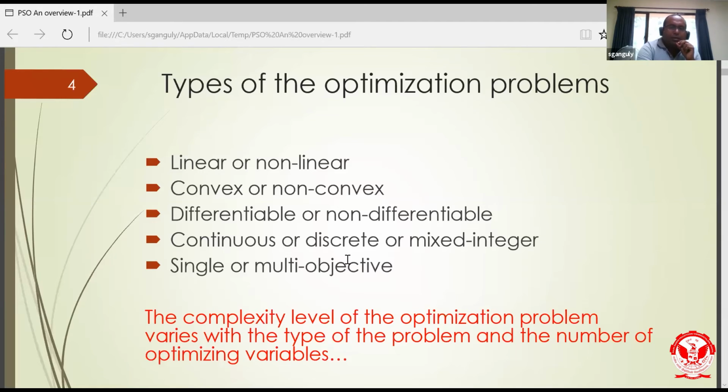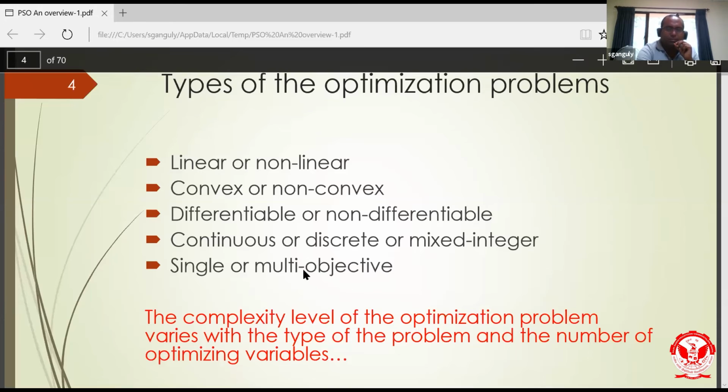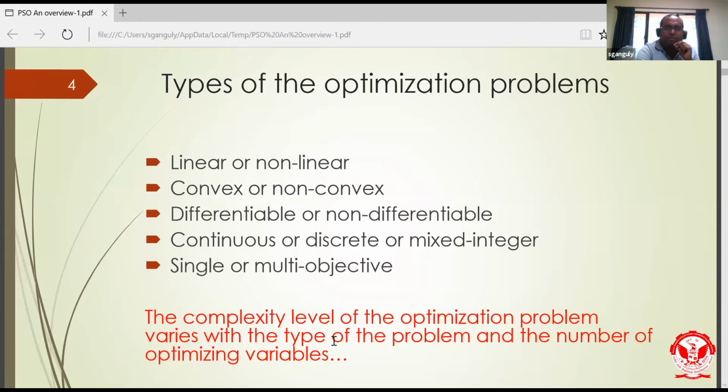So a mixed integer optimization problem involves both continuous and discrete optimizing variables. Now as I said in the previous slide, based on the number of objective functions, we can categorize optimization problems as either single objective or multi-objective. Mostly the complexity level of an optimization problem varies with the type of the problem. If it is linear and convex, it is a very simple optimization problem, and if the number of optimizing variables is less, then it is also very simple.